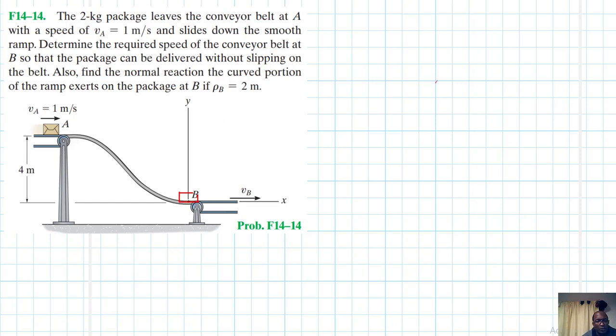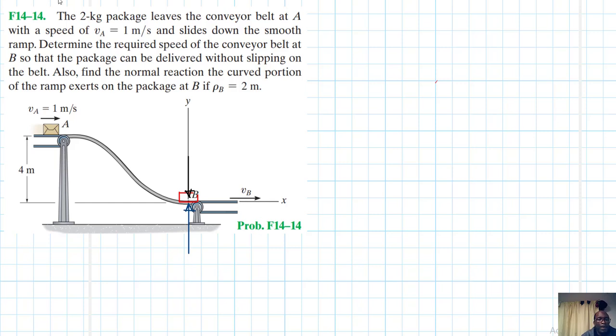So what we need to do now is, from this point here, we do have the weight. Then we have the normal force.